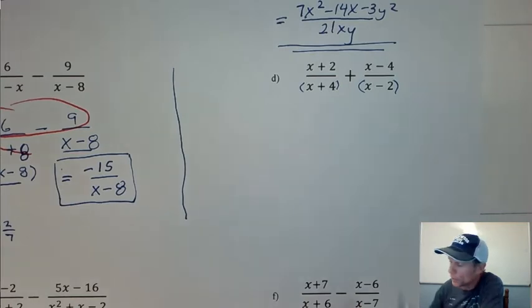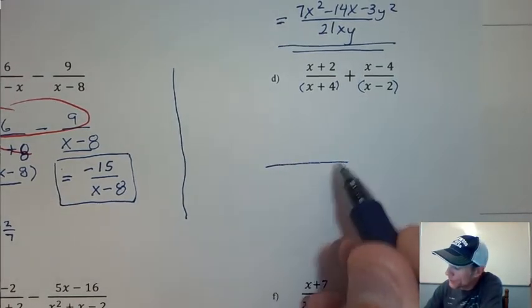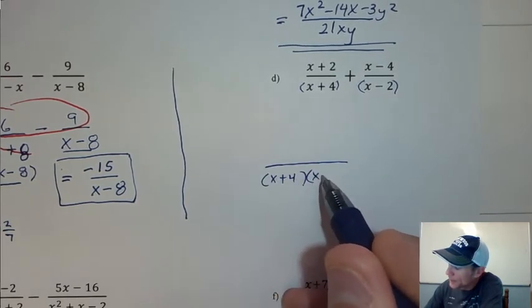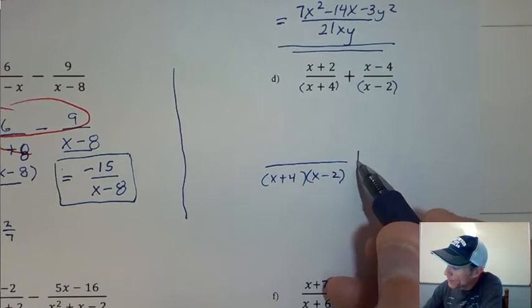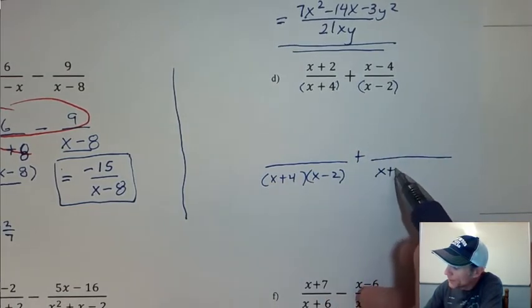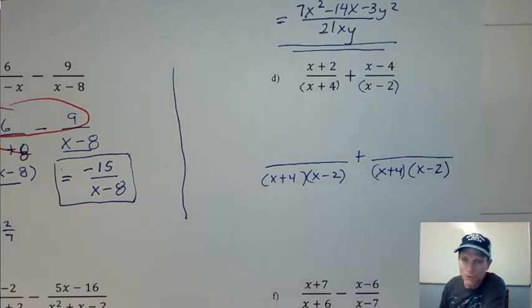And what we learned in 12.3 was that our common denominator is going to be x plus 4, x minus 2. Then we still have our plus sign, and the common denominator is going to be x plus 4, x minus 2. Okay, so both binomials have to be represented in the common denominator.